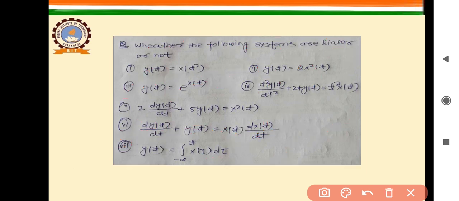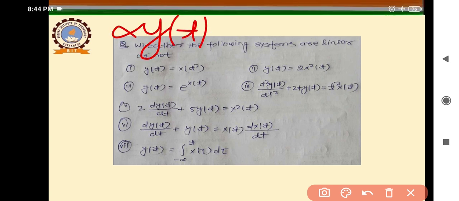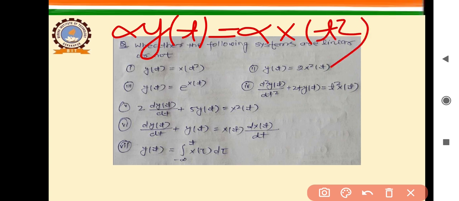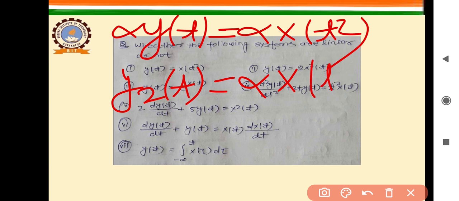Multiplying y(t) by alpha, alpha into y(t) will become alpha into x of t square. Then I will replace the input by alpha into x(t). Suppose the output in this case is y2(t), then y2(t) is equal to alpha into x of t square.